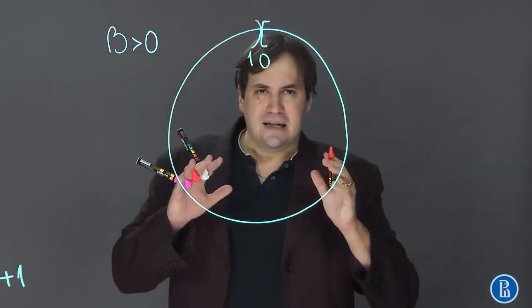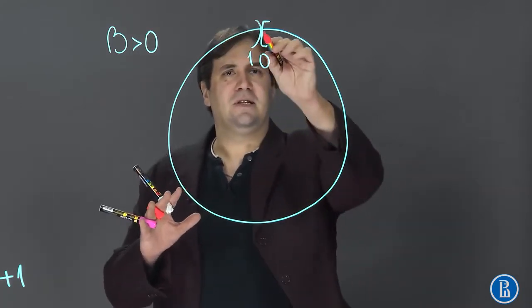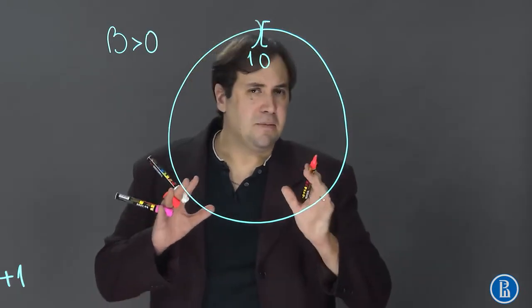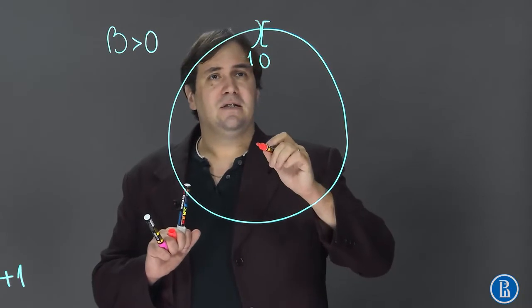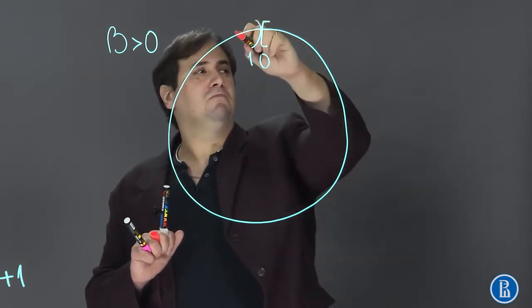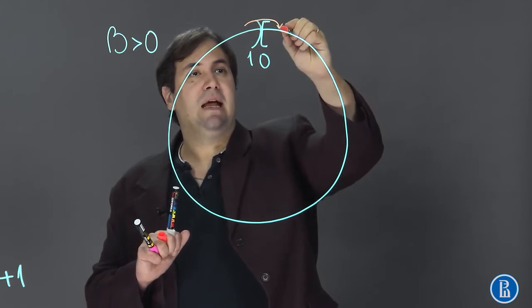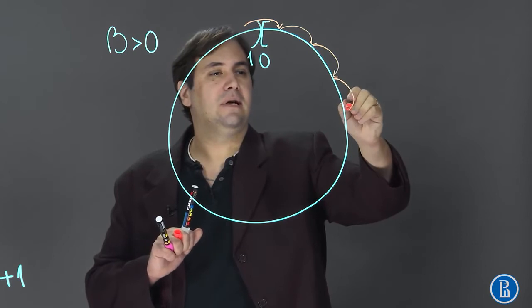And we will now consider not necessarily the first time it passes the circle, not necessarily the second time, but an arbitrary turn around the circle.